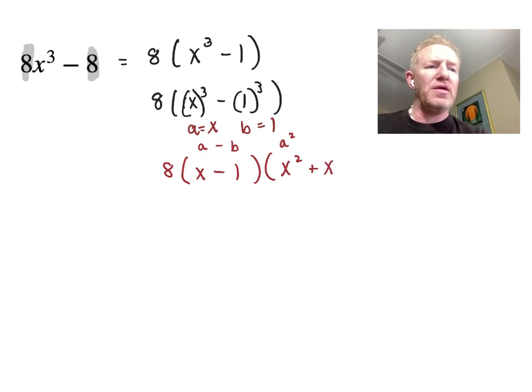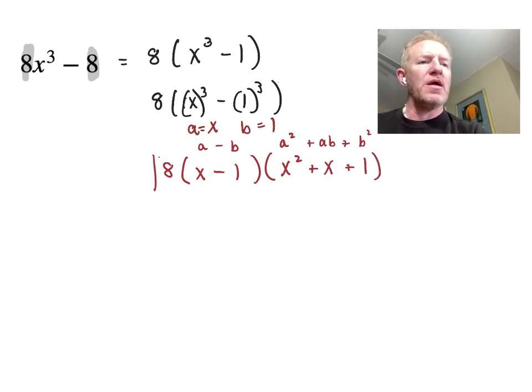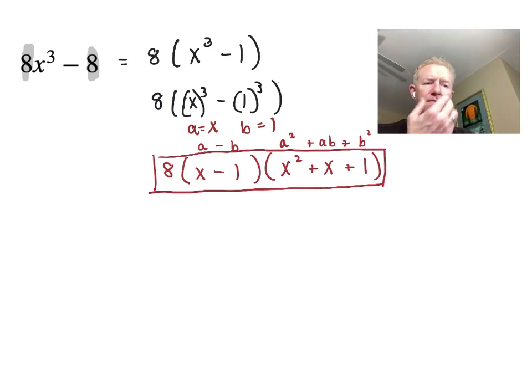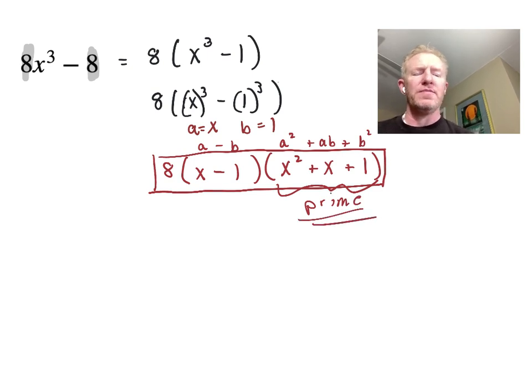Then we take our b, 1, and square it. Well, 1 squared is just 1 still. And there is our complete factorization. And we're done. Again, this is always prime over here, so we never try to factor it. It'll always be prime.